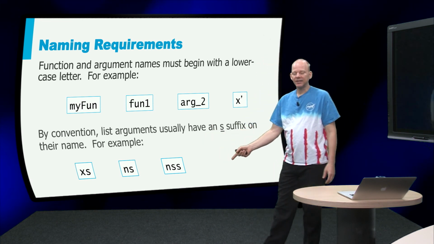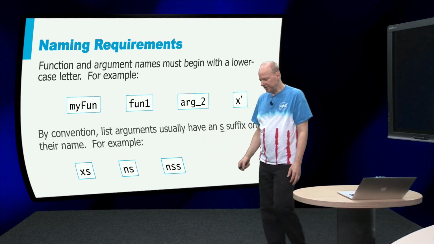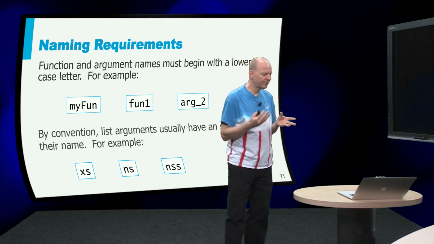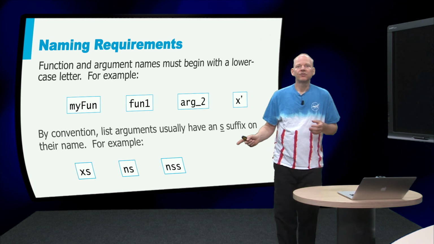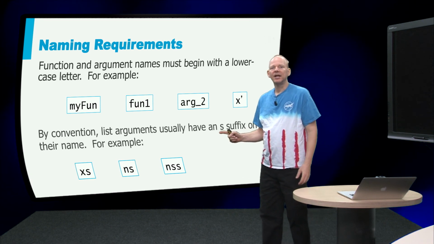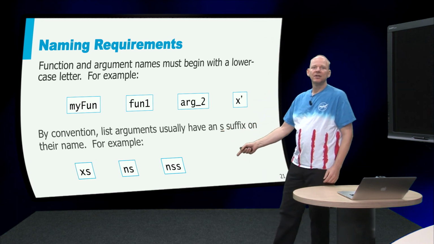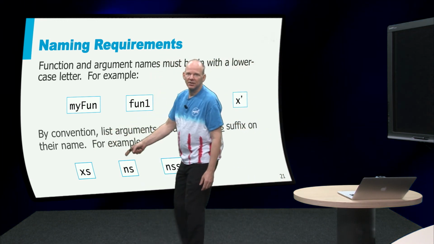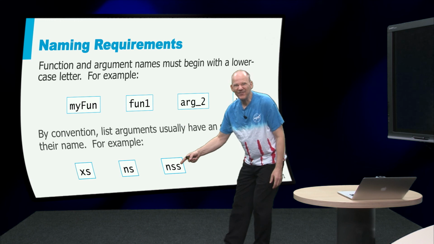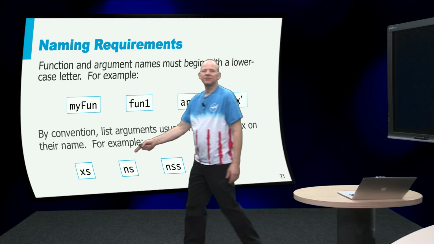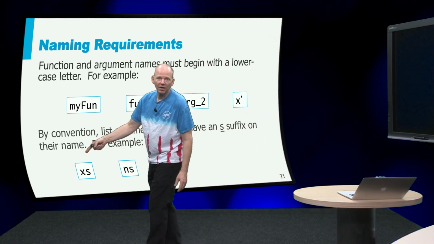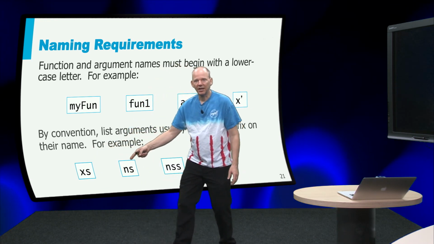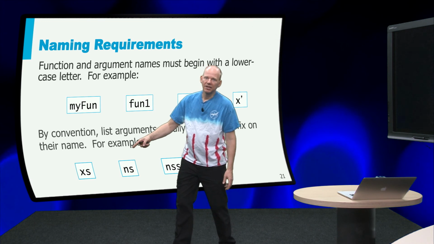Then the other thing is that in Haskell, we use a very mild form of Hungarian notation. So if a parameter has an s suffix, for example a parameter named x's or n's, that means a list of values of type x, and this is a list of values of type n.